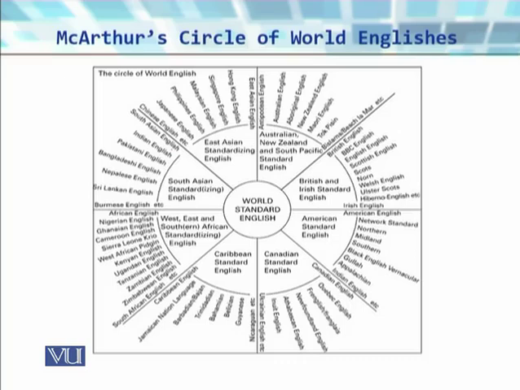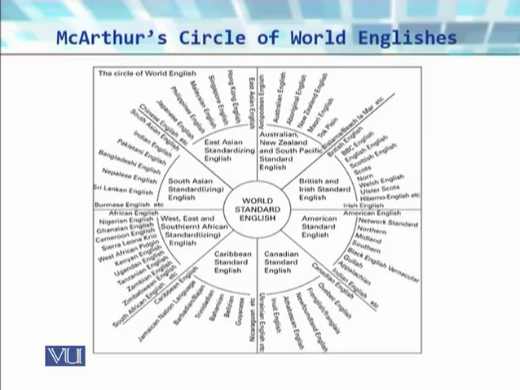Next to these 8 geographical regions, we have different sub-varieties. As you can also see, these varieties are divided with the help of these spokes, which make it look like a wheel.